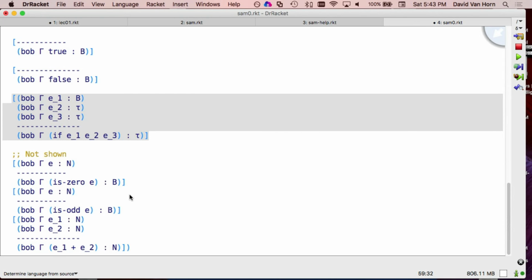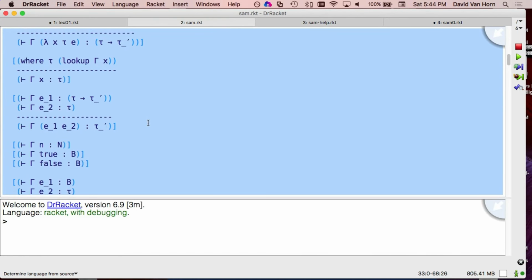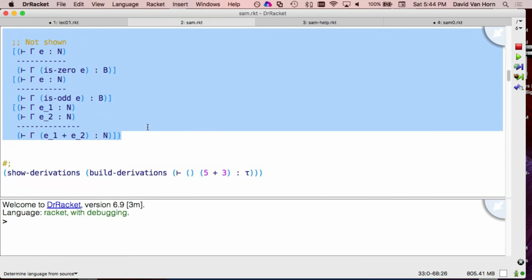Okay, and then Sam didn't show some stuff because he said it was boring, but of course, if we're going to run things, we need to define it. So Sam's examples use things like asking if something is 0 or odd, so I need typing rules for those, and plus. Okay, and in fact, I need to have definitions of what is 0 is and things.